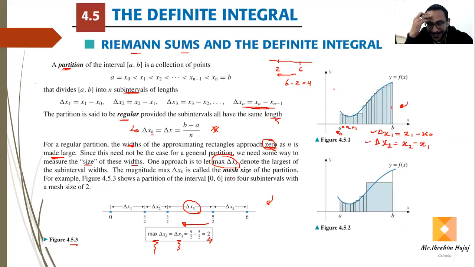One approach is to let max delta x k be called the mesh size. Here it is 2, because the distance from 9 over 2 minus 5 over 2 gives the max delta x k, which is called the mesh.